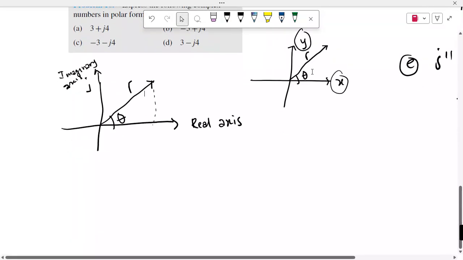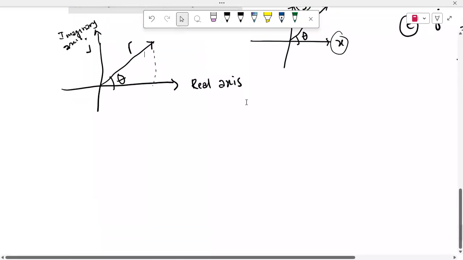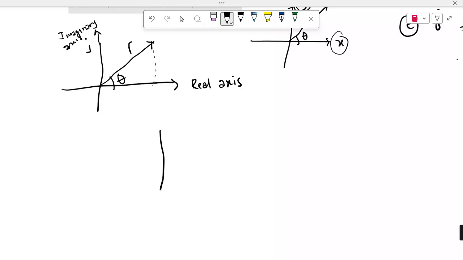Then this vector makes an angle theta with the positive x. So this is what we have to know about complex numbers. When you want to represent it as a polar form, what we mean is represent it with a magnitude r and this angle.